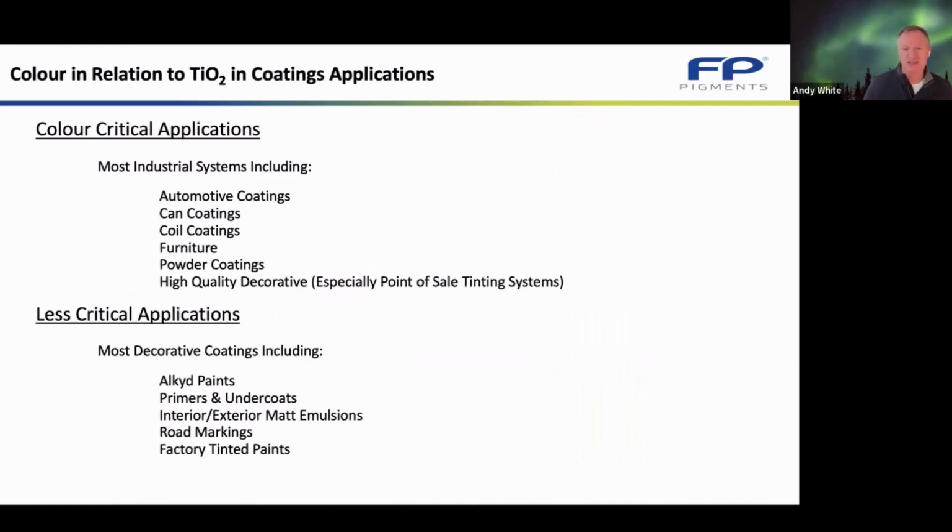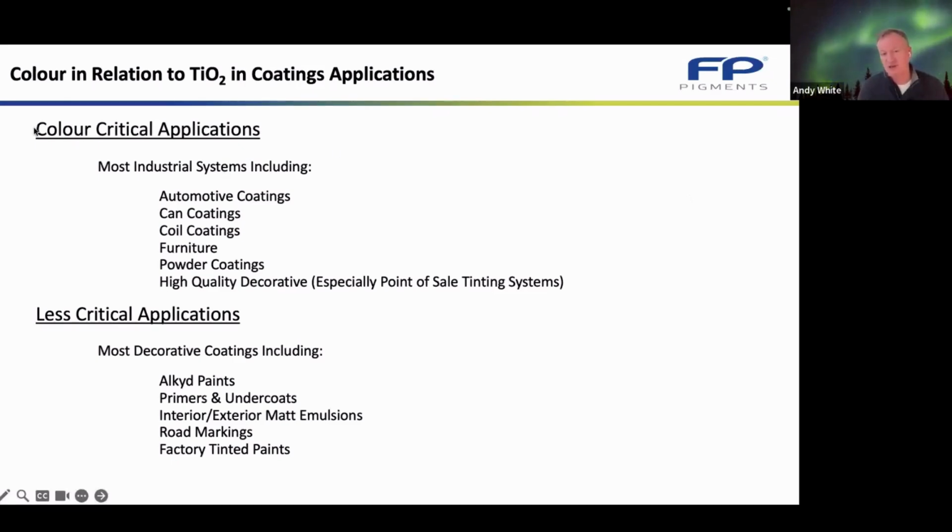But the important thing is that there are some subtle differences, as I said right at the beginning, between certain grades of titanium dioxide, either whether it's chloride or sulfate, or because of the level of surface treatment you have. You can imagine if you have a lot of surface treatment, you have a little less titanium dioxide. So the actual optical performance may vary because of that.